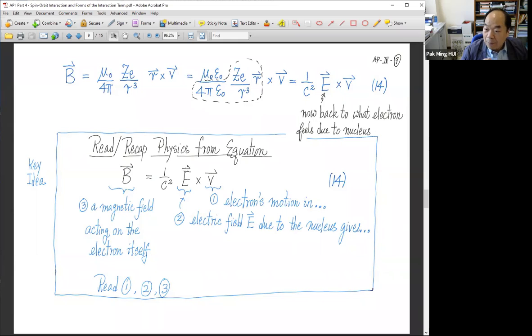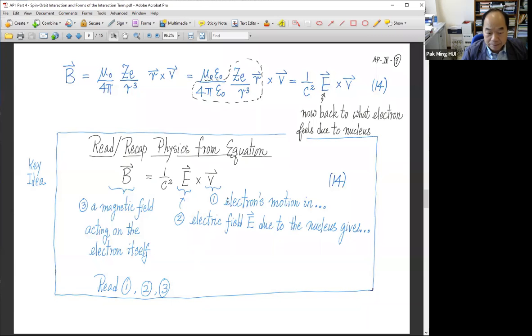You must appreciate what the formula says, even if you don't like the proof, the steps. So here I will let the formula speak to you directly. I wrote the formula down again, but let's read this formula out in order. 1, 2, 3. Let me read it out for you.